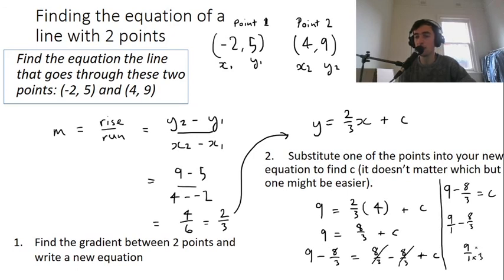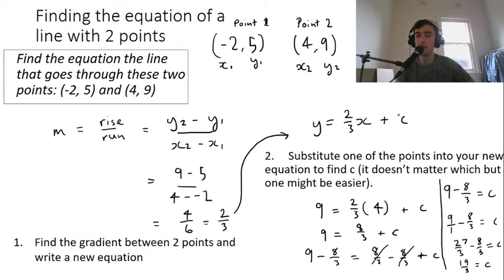That means I need to multiply the top by 3 as well. So we're going to have 9 times 3, which is 27, divided by 3. 27 over 3 minus 8 over 3 equals c. And 27 minus 8 is 19, so 19 over 3 equals c.